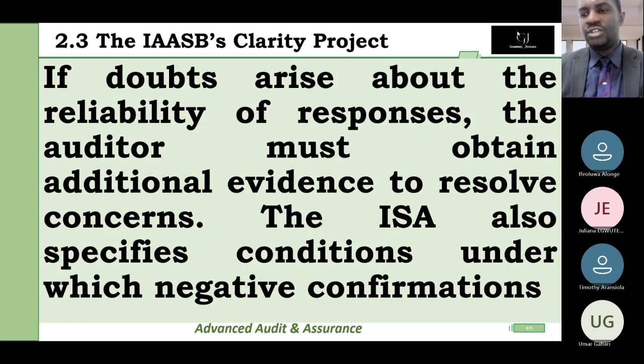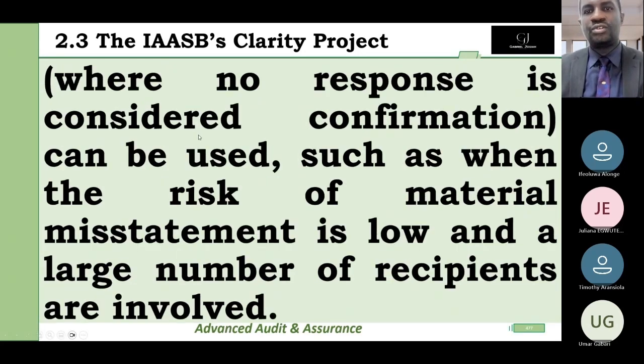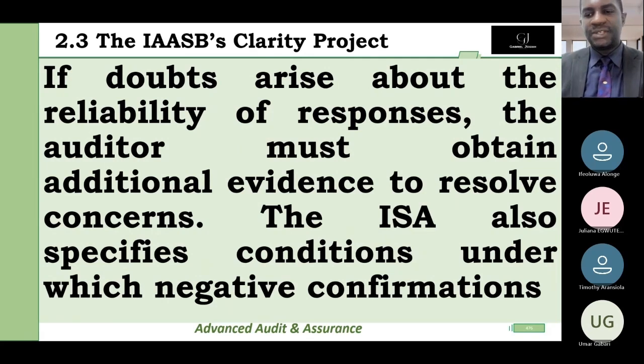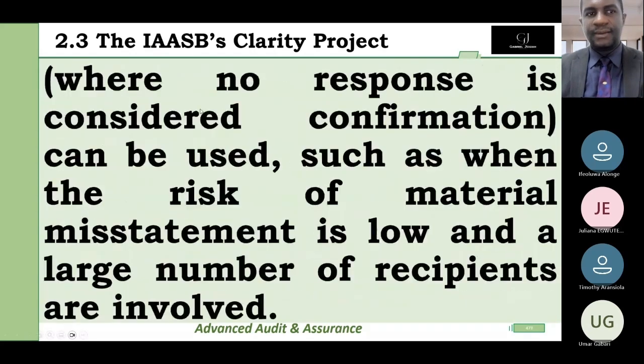This is very important. This standard also specifies conditions under which negative confirmations, or where no response is considered confirmation, can be used, such as when the risk of material misstatement is low and a large number of recipients are involved. So the standard specifies conditions where negative confirmations can fly, and this includes areas where the risk of material misstatement is low.